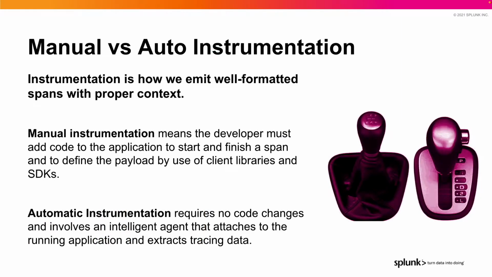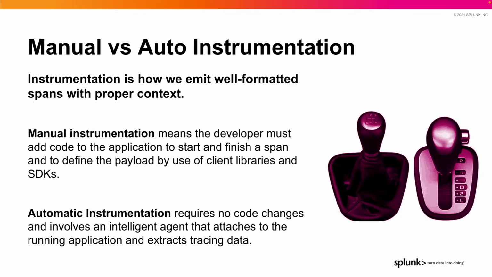Now, when it comes to instrumenting your application, there are two ways that we can instrument an application: manual instrumentation and auto instrumentation. Manual instrumentation means that developers are required to change and add their application code to start and finish a span and define payloads by using the client libraries based on the development platform they're using for their applications.